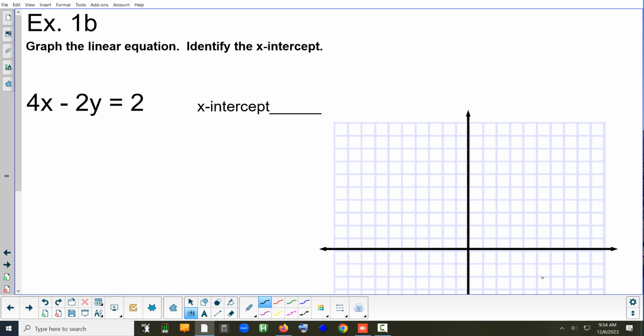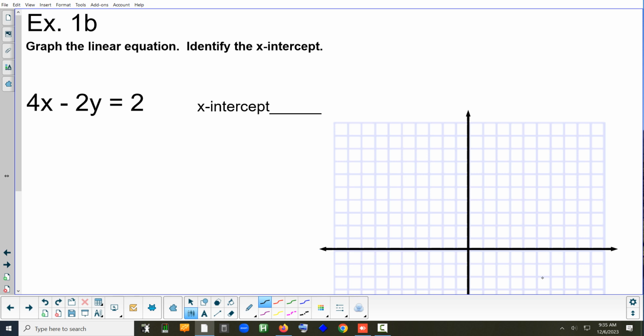Okay, so first they want us to graph this. Is the y by itself? No. So that's the first thing we have to do. Two things we have to get rid of: the 4x and the -2. What's the first thing that we would move to the other side? The 4x.